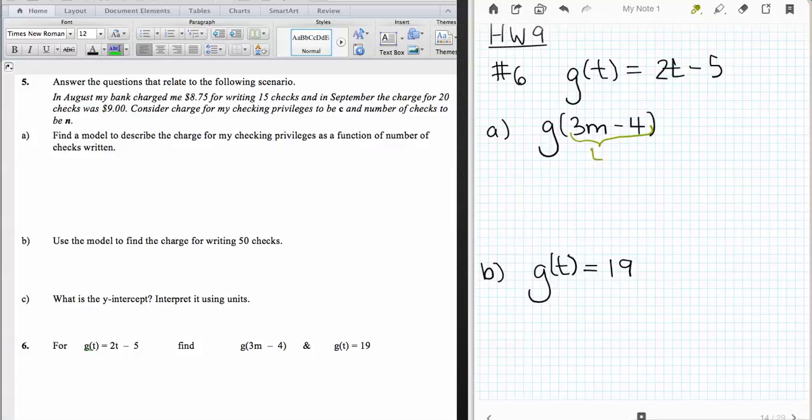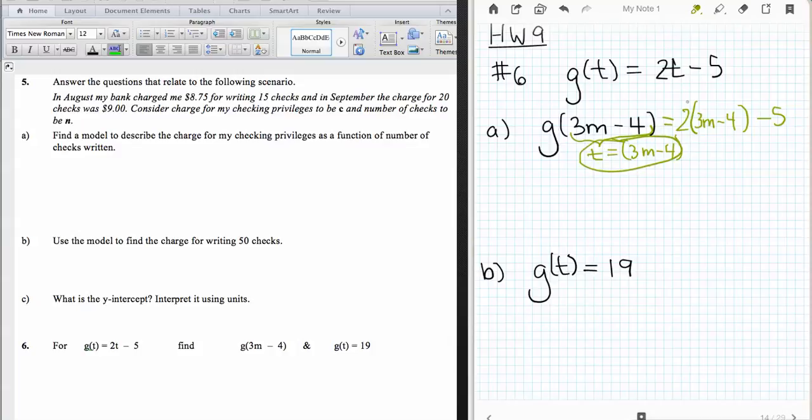So this is t equals this expression, 3m minus 4. That's what that says. So this says 2 times t, which is complicated now, 3m minus 4, and then subtract 5. So you see the only thing I did was I put in that value for t.